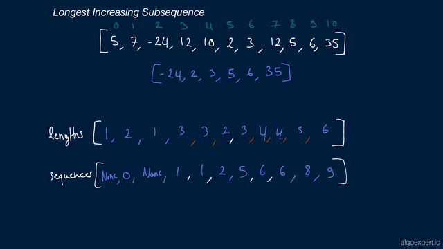We start here. We say, okay, we've got the number 35. So we store 35. Then what comes before 35? Well, we go here. We point to the number stored at index 9, which is 6. So we have 6. Then here we point to the number stored at index 8, which is 5.